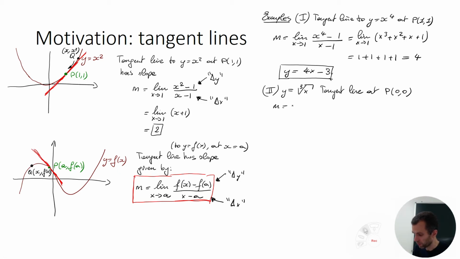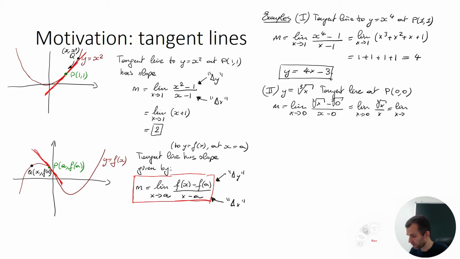So now the slope is the limit as x goes to 0 of cube root of x minus 0, or minus cube root of 0 if you want to be precise, divided by x minus 0. And that simplifies a little bit to cube root of x divided by x.